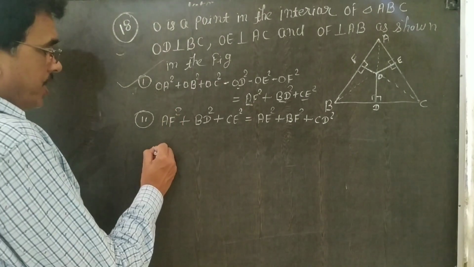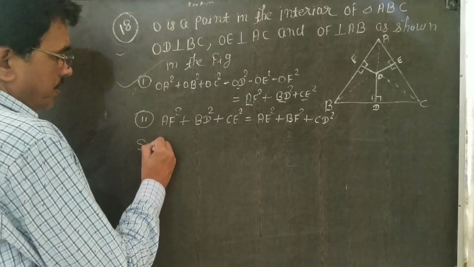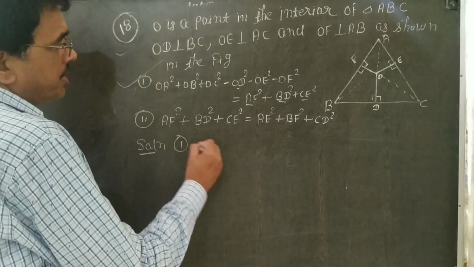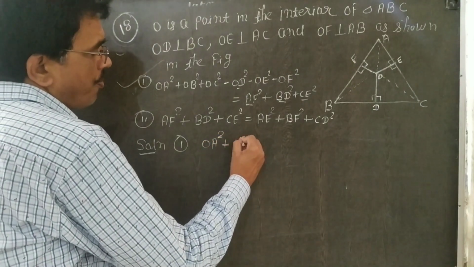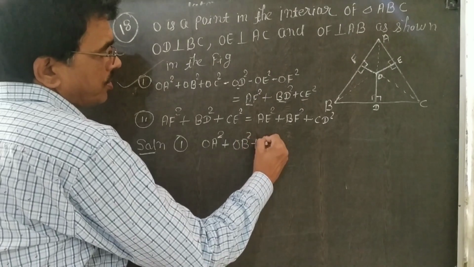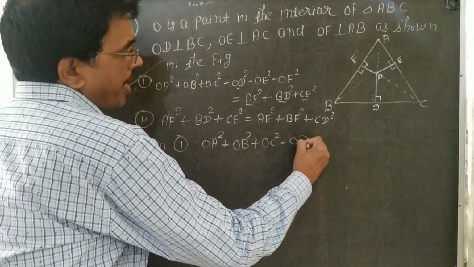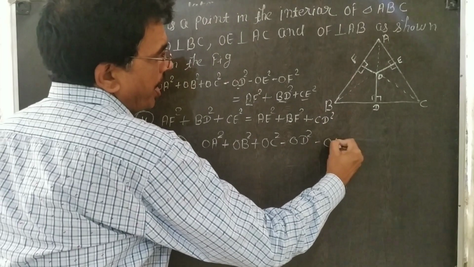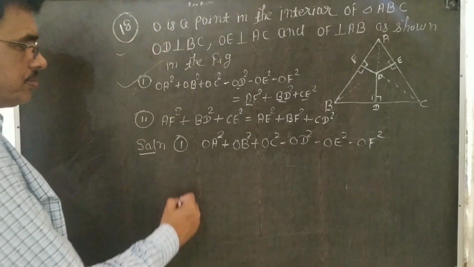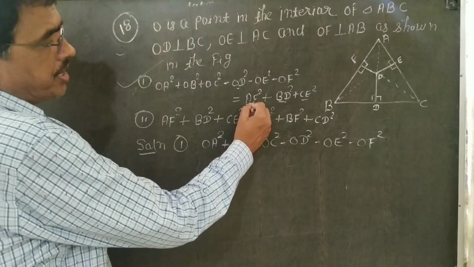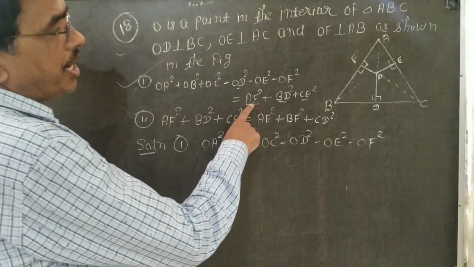First I discuss what is given in your solution of the first question. It is given OA square plus OB square plus OC square minus OD square minus OE square minus OF square. Now find the RHS. RHS is AF square.